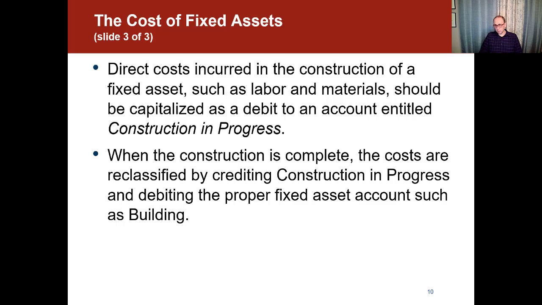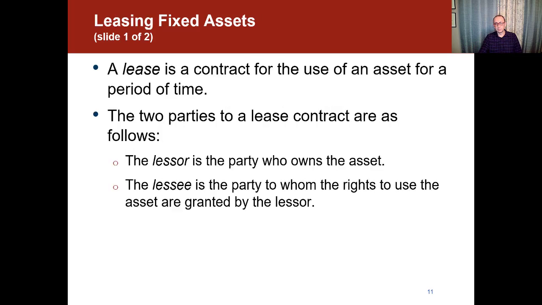When the construction is complete, the costs are reclassified by crediting Construction in Progress and debiting the proper fixed asset accounts such as building. Again, this is not very critical right now, but it's just something for you to get a hint. And I think in managerial accounting, you can learn more about that.